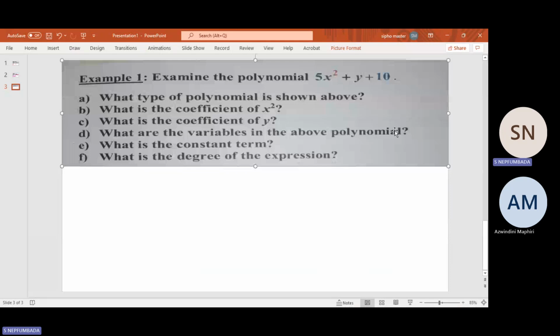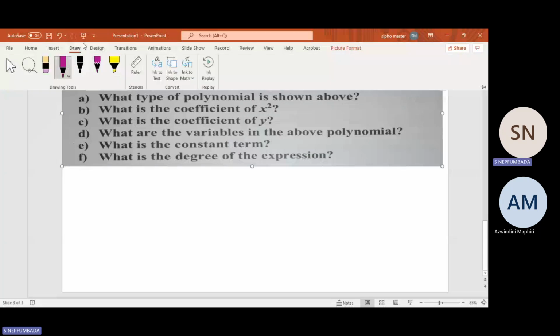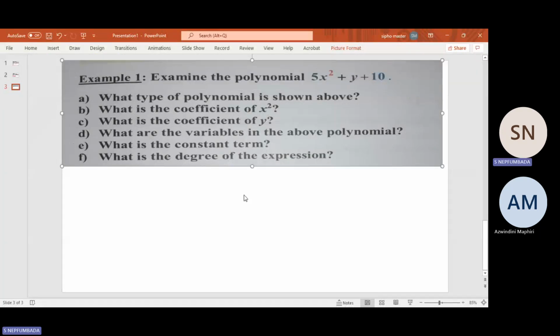Can we see what is written? Yes. Okay, so let's try to attempt those questions.